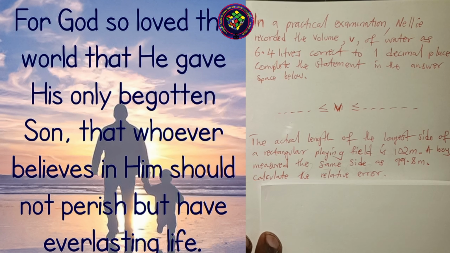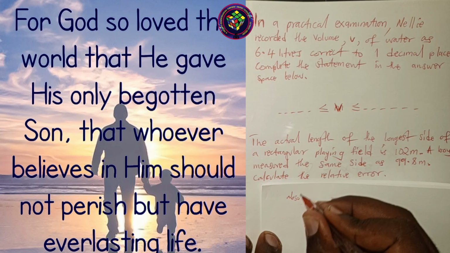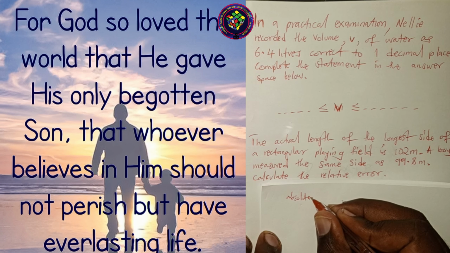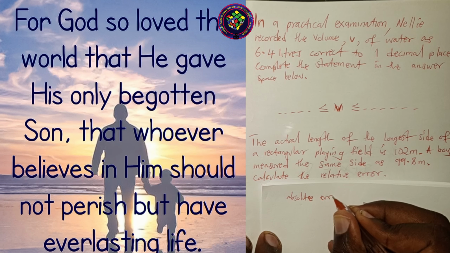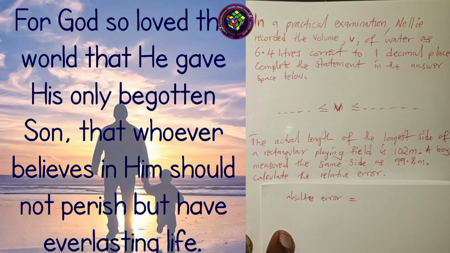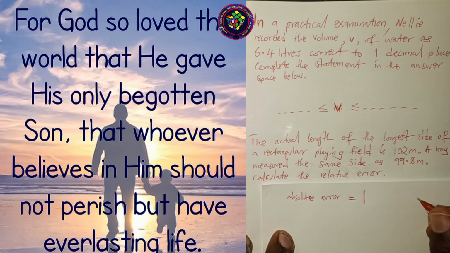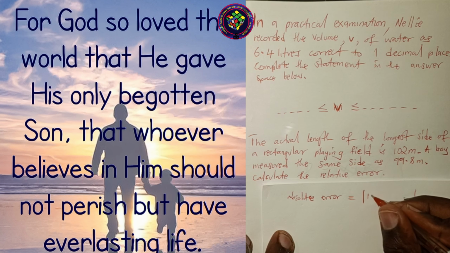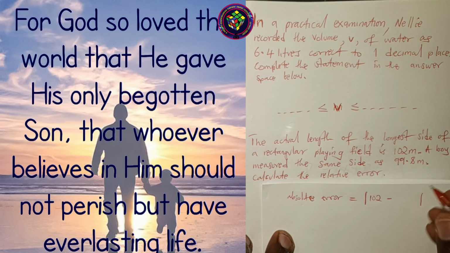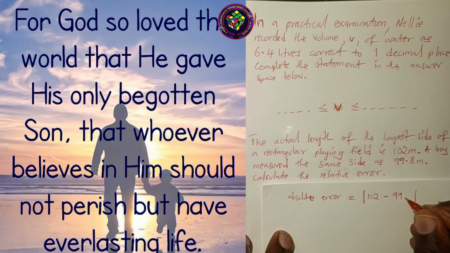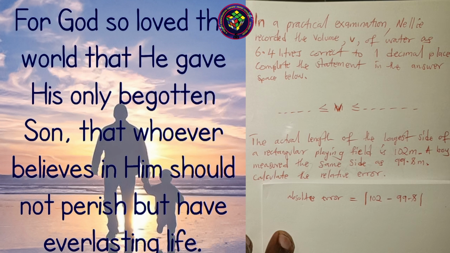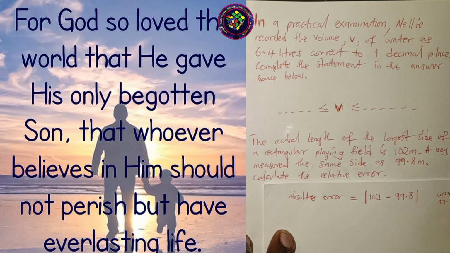So we'll say absolute error is equal to the absolute of the true value 102 minus the recorded value, in this case 99.8. So we have 102 minus 99.8. So there we have 0.0.